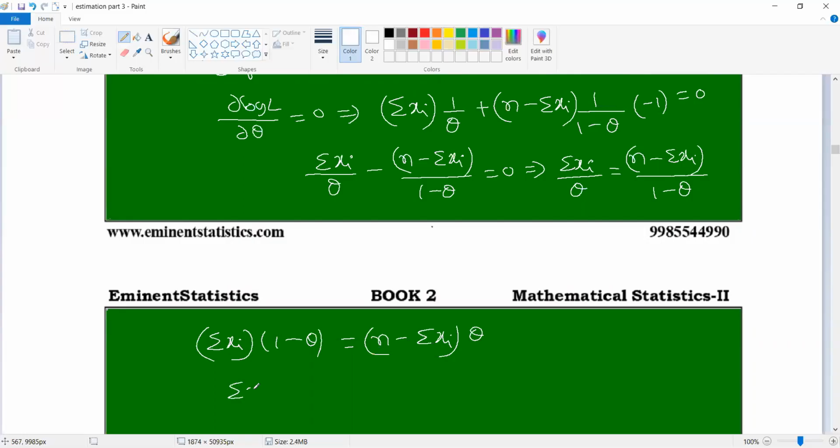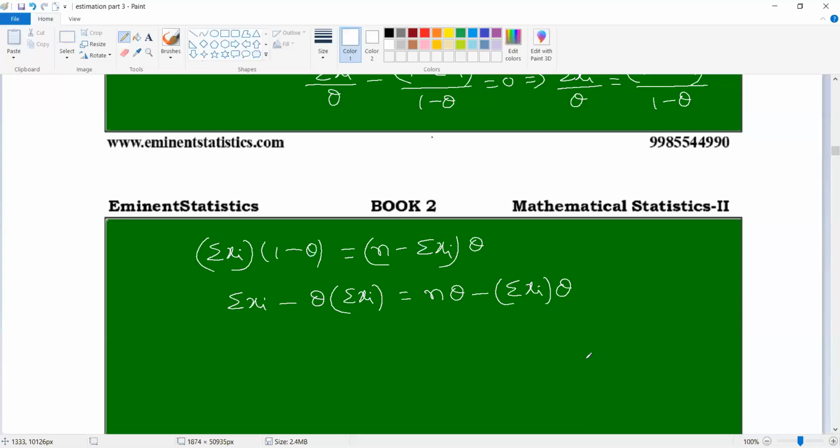Multiply with 1: summation xi minus theta into summation xi is equal to n theta minus summation xi into theta. On the left side and right side, summation xi into theta and summation xi into theta cancel.